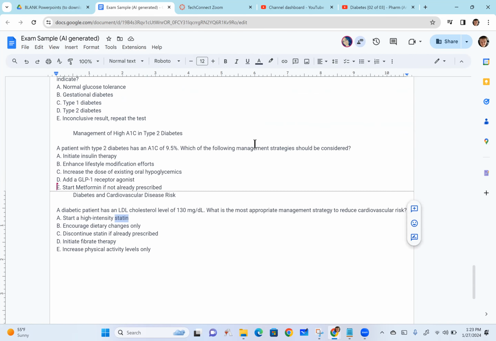All right, so what else do you want to go over? I think the diabetic medication is definitely something that I'm going to have to cram tonight, tomorrow. Yeah, I think those are the ones that I don't know.